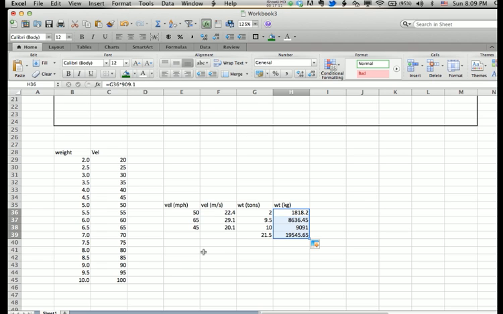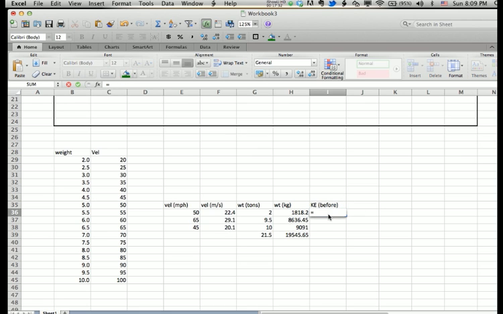Okay, we could do a kinetic energy before, because we know the masses and the velocities of all three of these cars. So the kinetic energy equals, and we want to do this in joules.